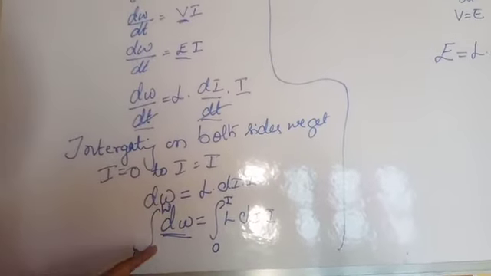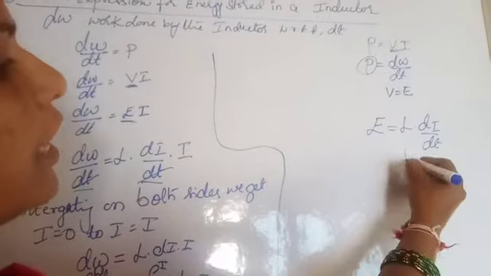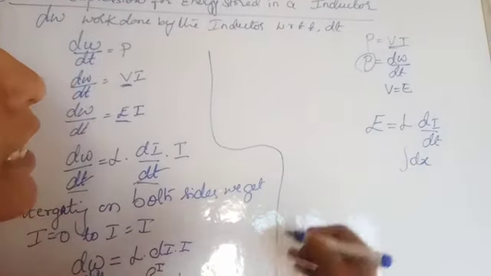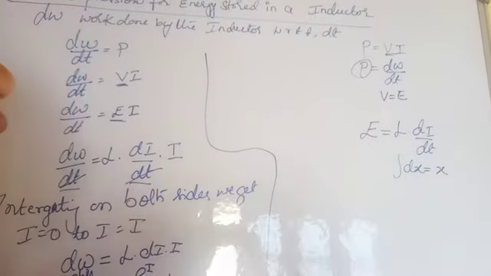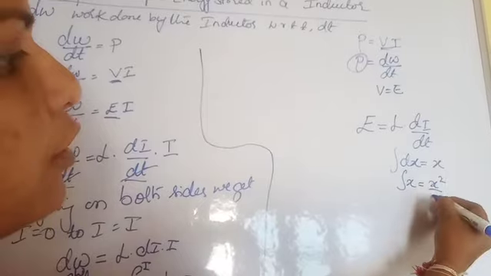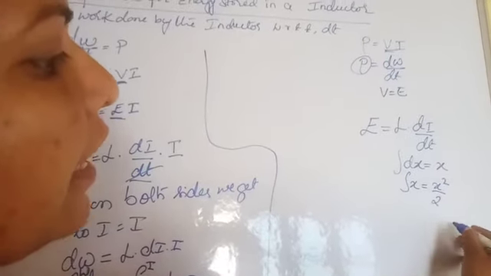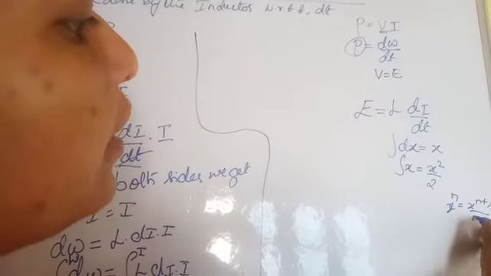Then next, the integration of dW is in the form of integration of dx. Integration of dx, what do we get? We get x. Integration of x, what do we get? x square by 2. This follows the format of x to the power n, which integrates to x to the power n plus 1 by n plus 1.